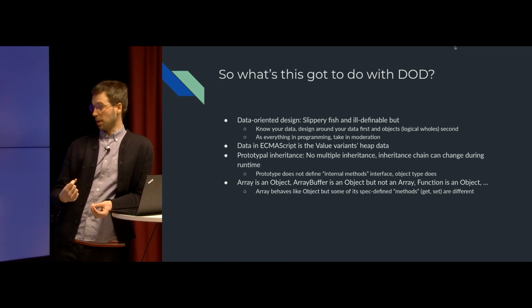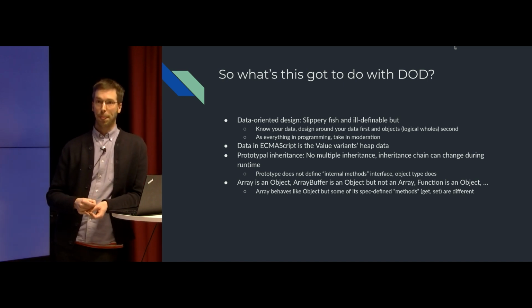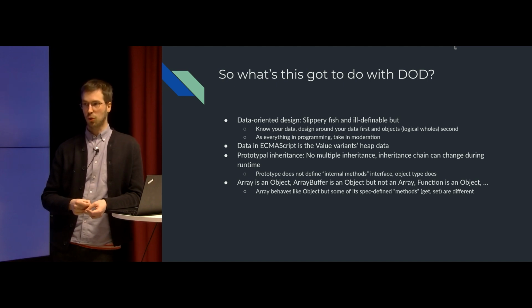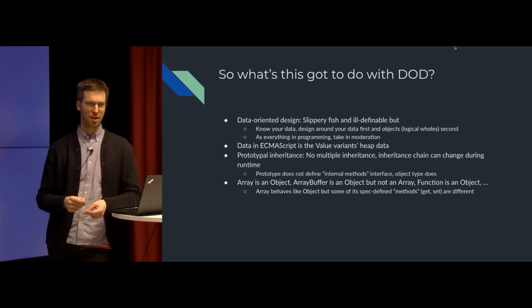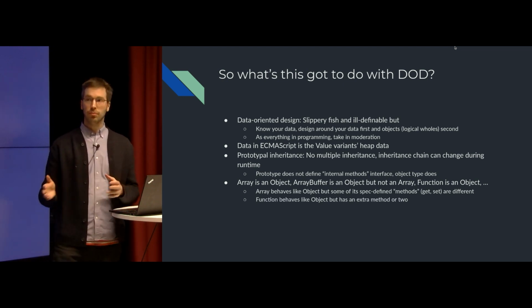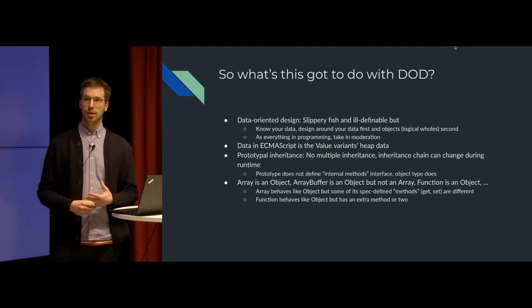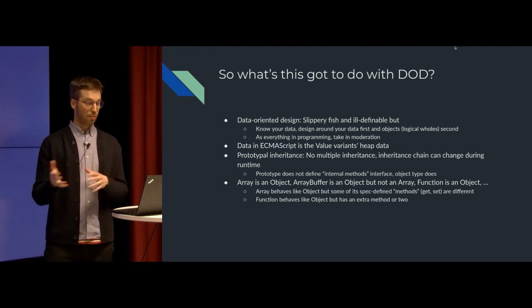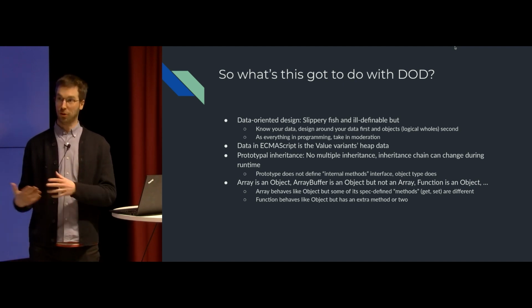And actually, now that I think about it, it's only the set method which is defined differently. Also, the spec helpfully says that whoever uses this abstract operation is an array. I don't want to be comparing function pointers to see if an object is an array. Anyway, a function is exactly equal to an object, and its internal methods are all the same, but it has one or two extra methods, the call and construct methods.